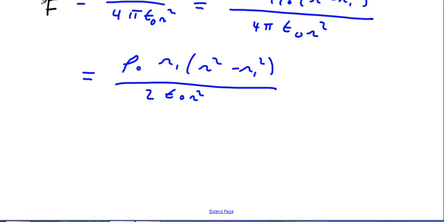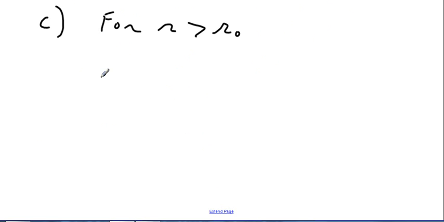And now we have to do the C part. And the C part would be for R greater than R naught. So I'm outside of the sphere now.